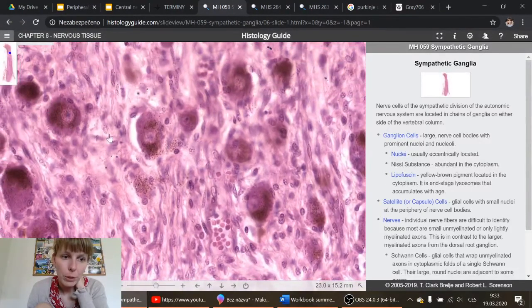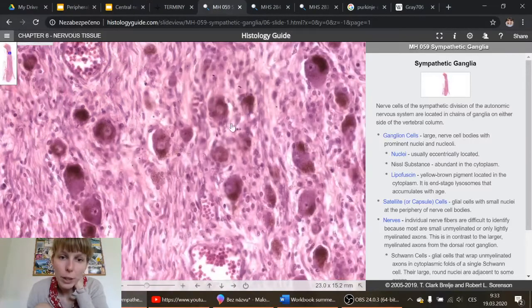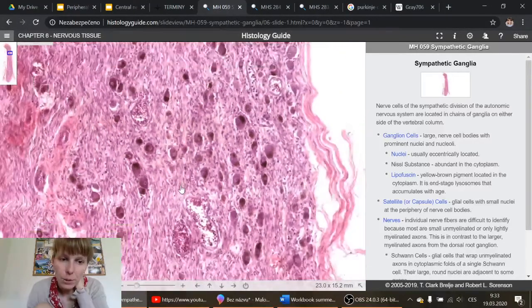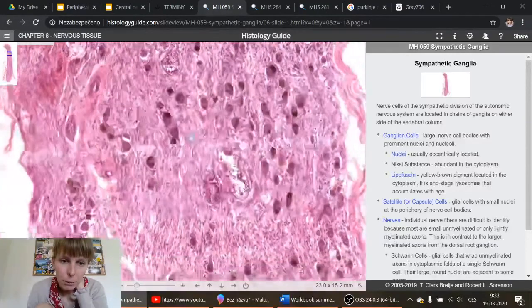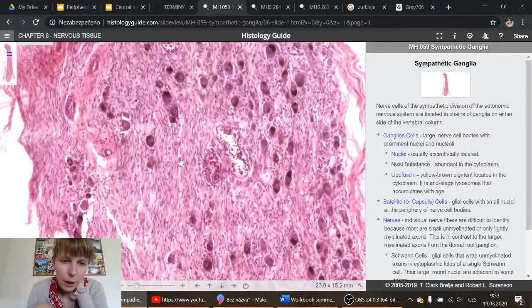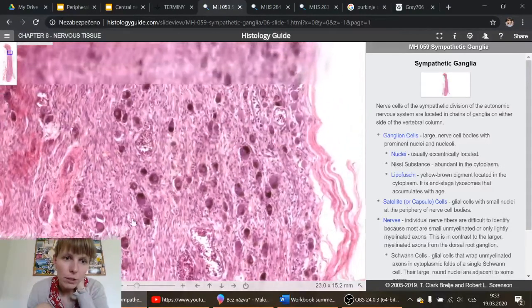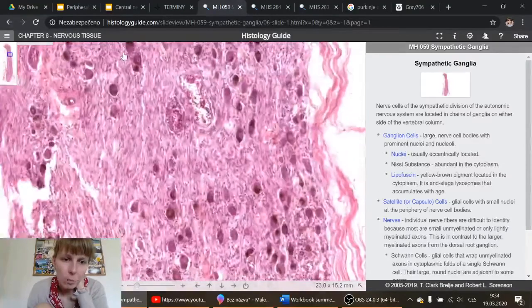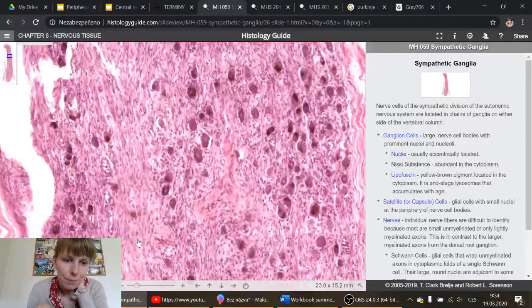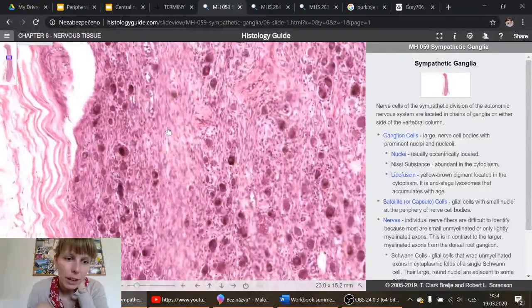You should be able to see the lipofuscin in this slide, and then you should be able to see the axons. So if we zoom out a little bit, you see that parts of the ganglion look like fibers, sort of. It looks like connective tissue, but it will not be connective tissue, it's the non-myelinated axons. So see this part where you don't have the cell bodies? So these are the axons coming from the cells, and they will be going out of the ganglion.